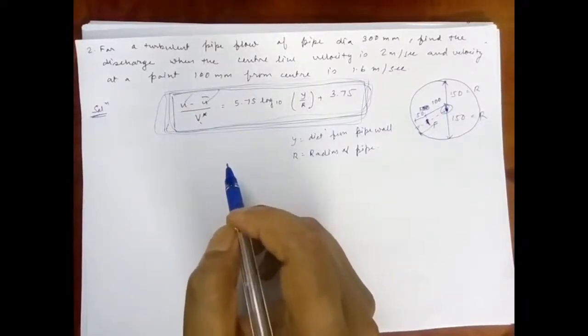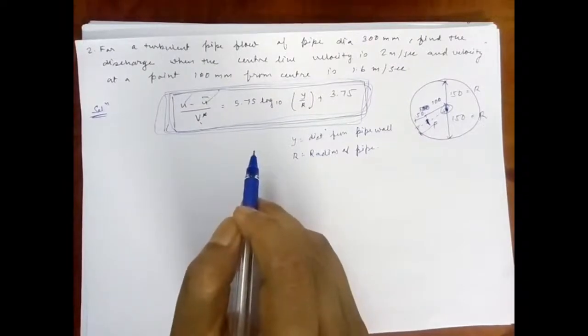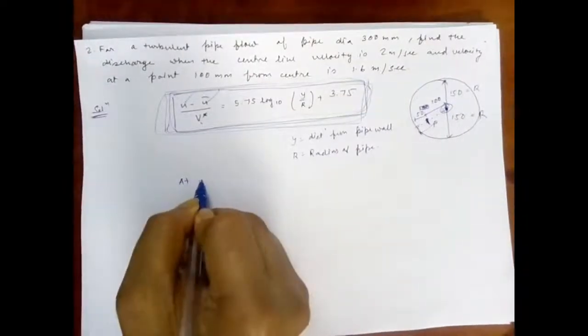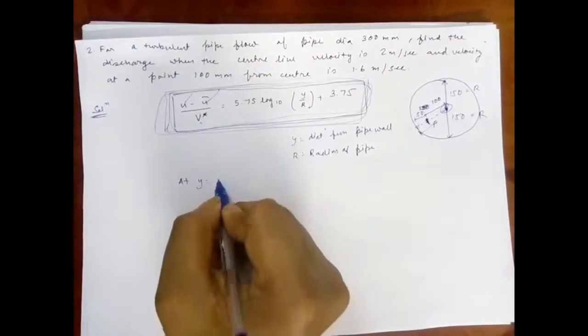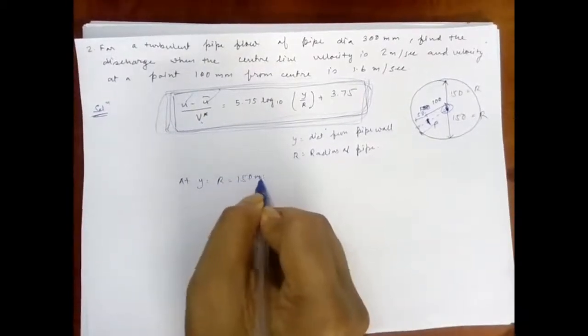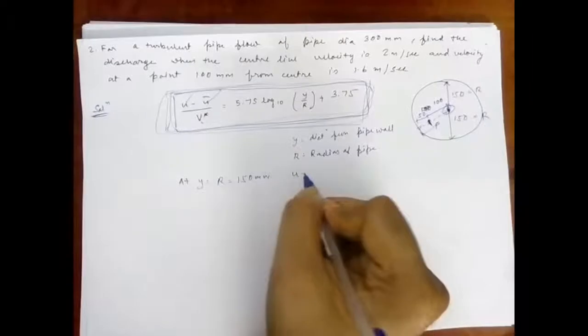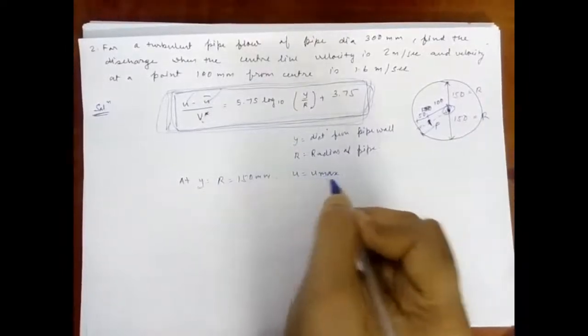So using this formula, at y is equal to R is equal to 150 mm, that is at the center, u is equal to u max, that is the maximum velocity.